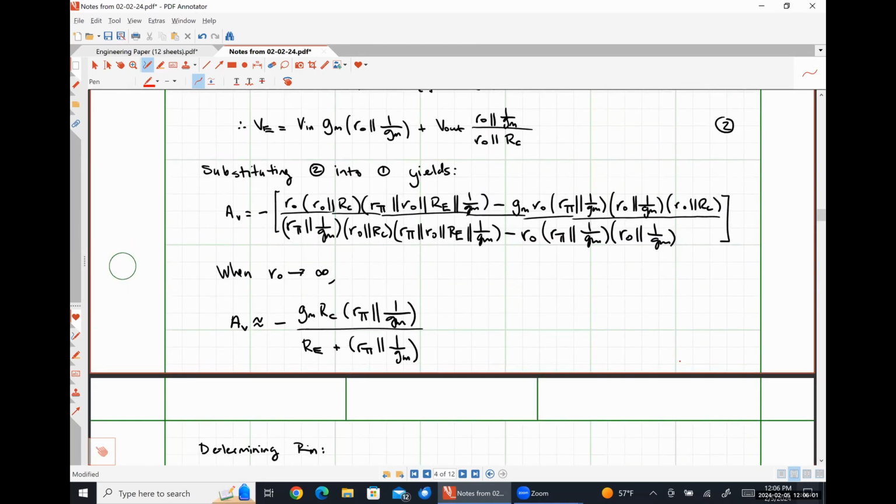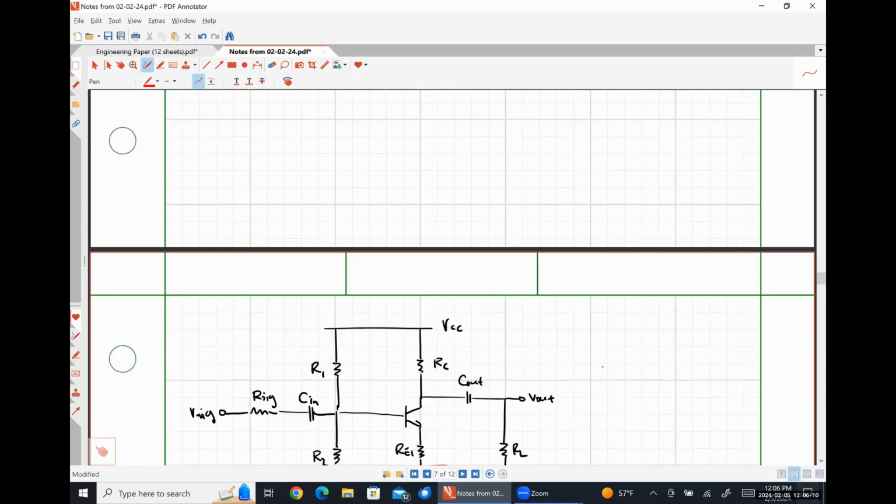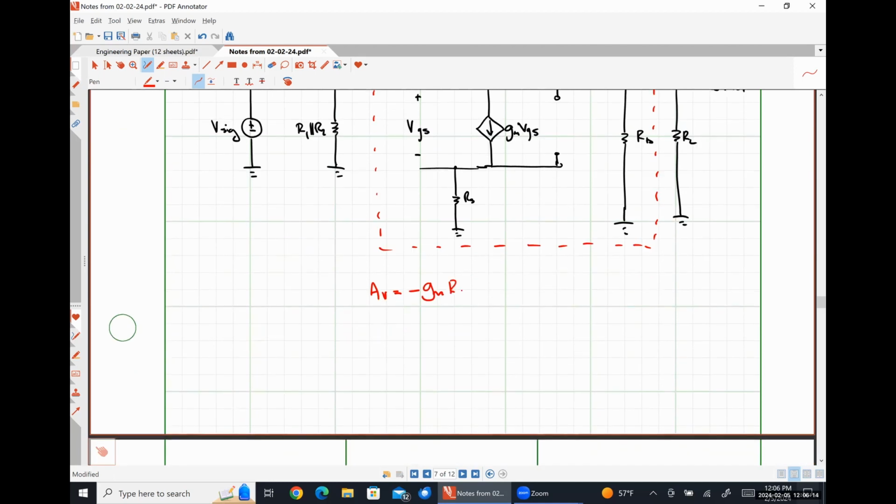So negative gm RC times rπ in parallel with 1 over gm, divided by RE plus rπ in parallel with 1 over gm, right?